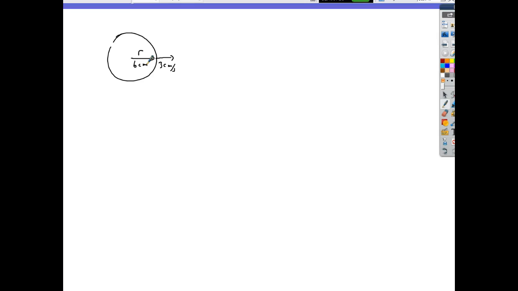Good deal. Now, the question is, I want to find the rate at which the area is changing. So what do I know? The radius is 6. And the rate is 3 centimeters. The rate of what? How do I write that? Rate of change. How do we write that in mathematics?